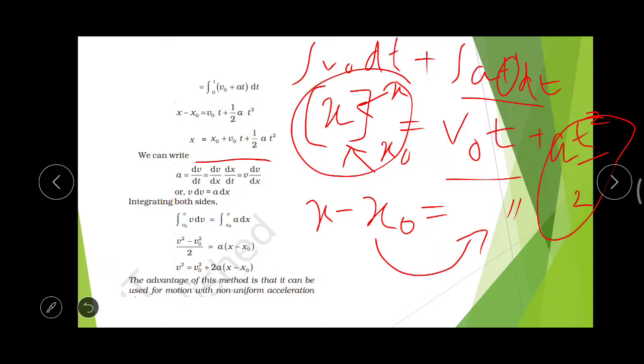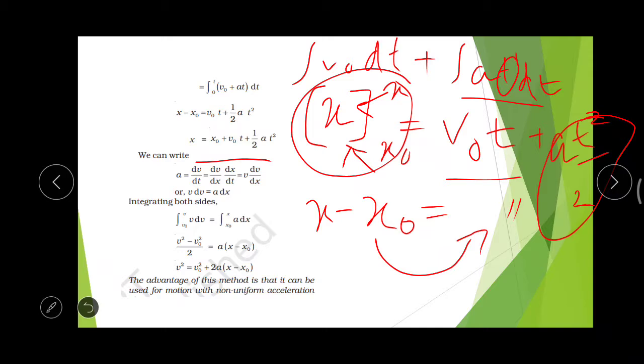Okay. Now let us come to the next one, that is the last kinematic equation. As we know, here also we are considering that instantaneous acceleration a is equal to dv by dt.